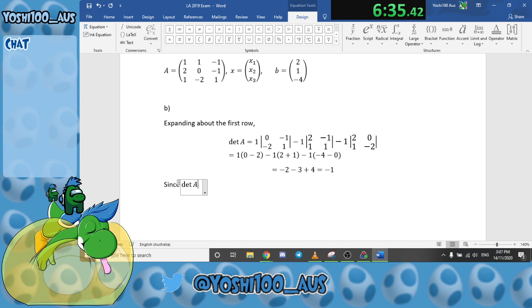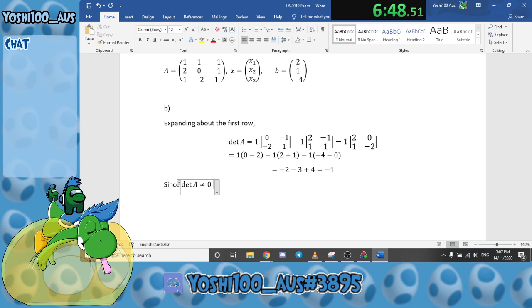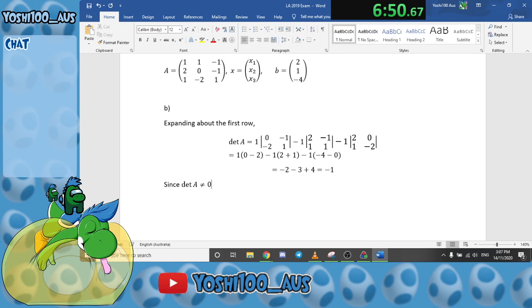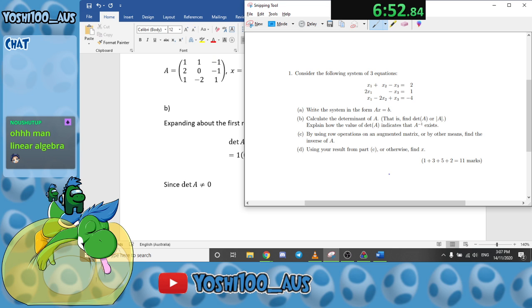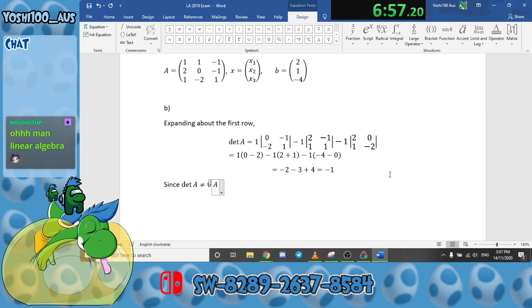What was it? No, I'm doing the wrong one. There we go. I should know that. Alright, not equal 0. A inverse exists.